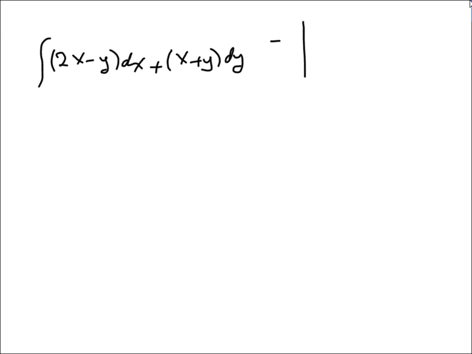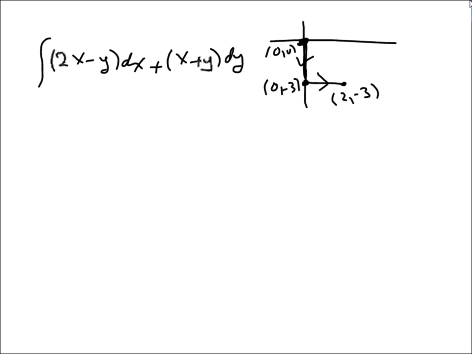It goes as follows. It starts here, it comes down to here, and then it cuts across. The line from (0, 0) to (0, negative 3). This line, and then from (0, negative 3), we want to go to (2, negative 3).